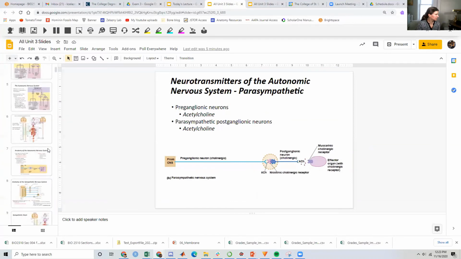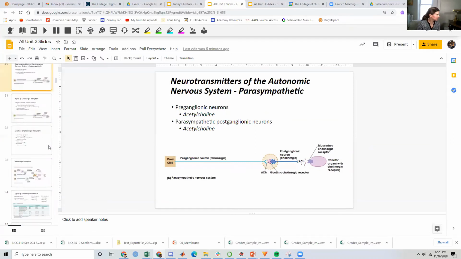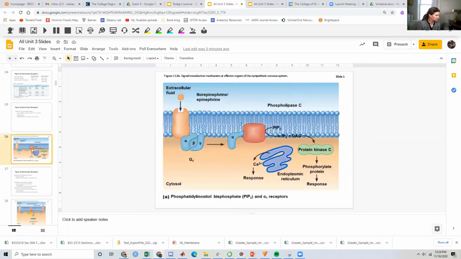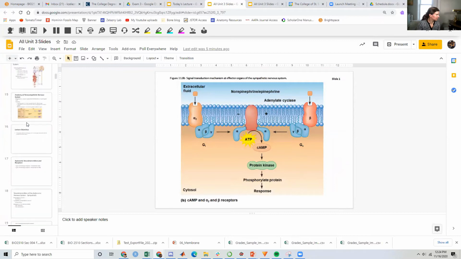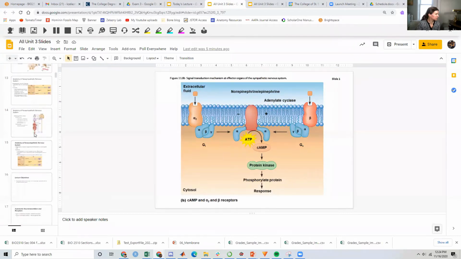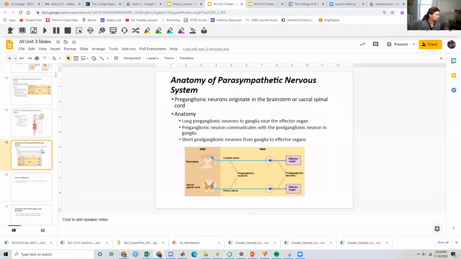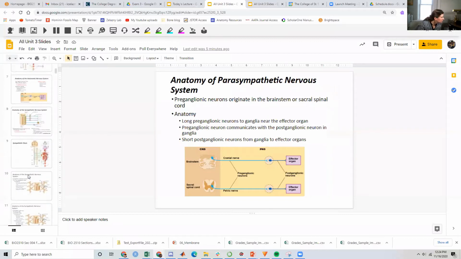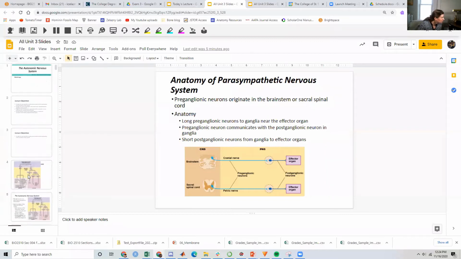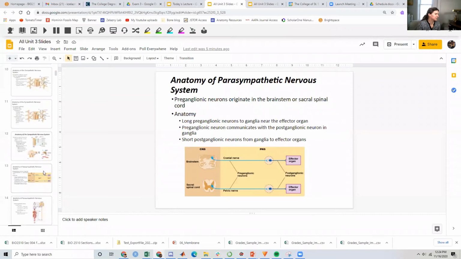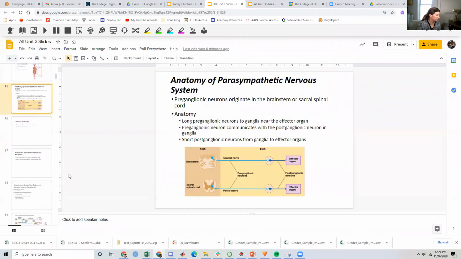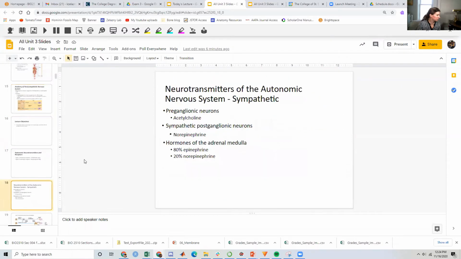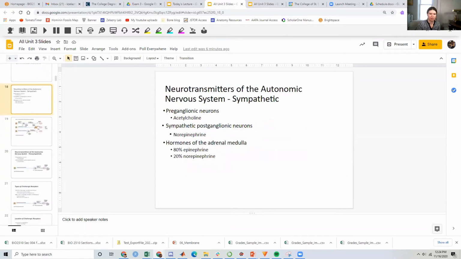I'm going to just have us take a glance at what that receptor looks like, if I can find the picture. Maybe we don't have a picture, but just a reminder that they're receiving acetylcholine, and they're slightly slower than the nicotinic cholinergic receptors. I can't find the picture.